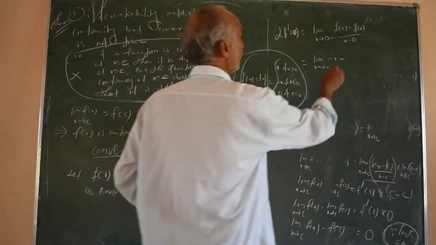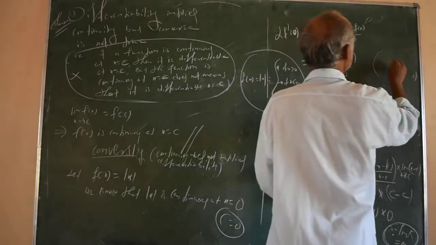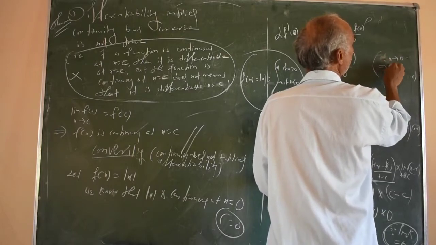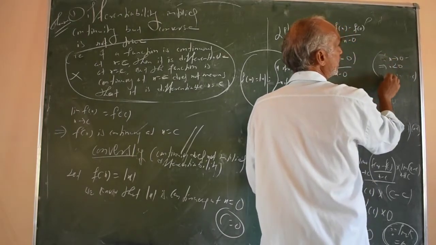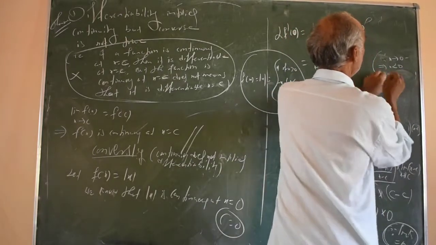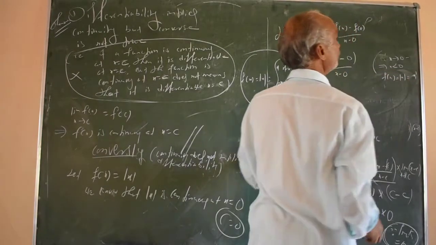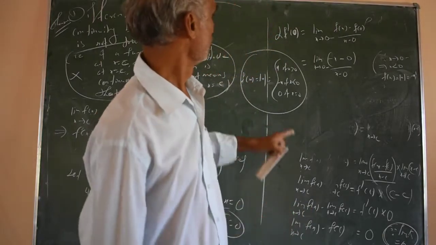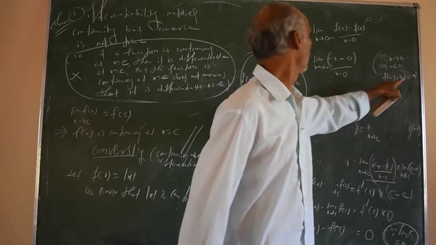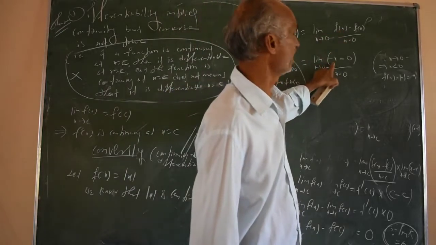Since x tends to 0 minus implies x is less than 0, mod x is minus x.